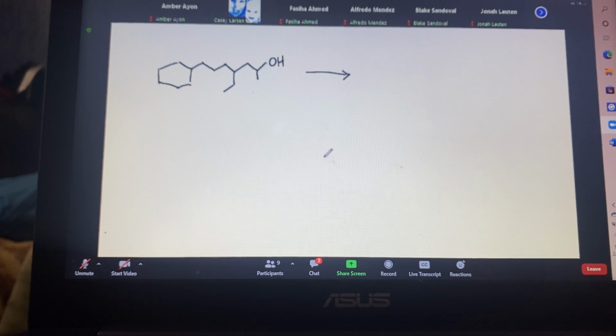I'm going to make it more complicated. Okay. So here is a reagent. What kind of reaction is this? Oxidation. Okay. So this is definitely an oxidation reaction. In an oxidation, what happens?